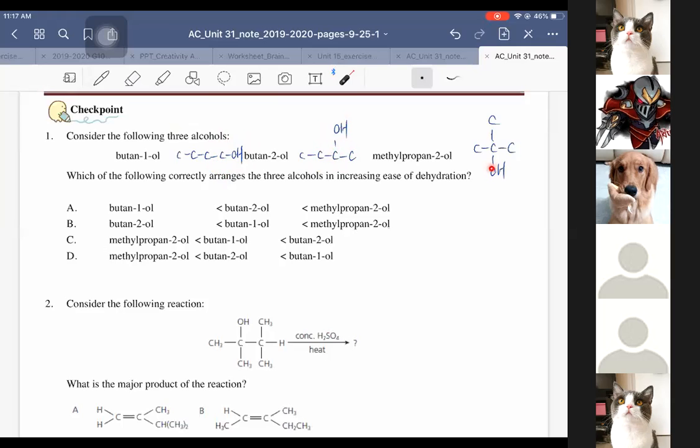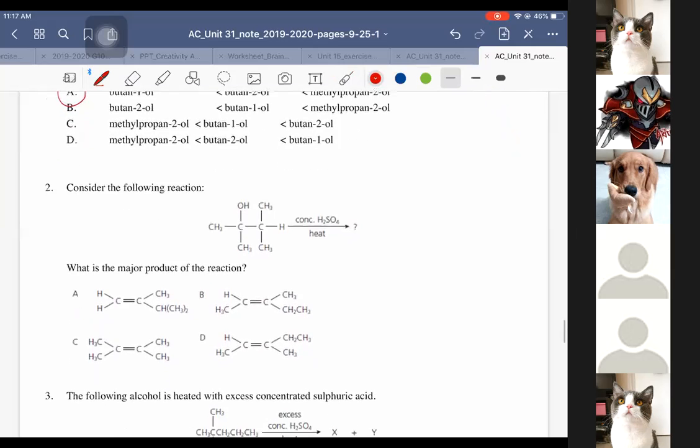And the one on the right hand side is a tertiary alcohol. The carbon attached to the hydroxyl group has three alkyl groups attached to it, so it's a tertiary alcohol. So that'd be the easiest one to dehydrate. So the correct order should be A.